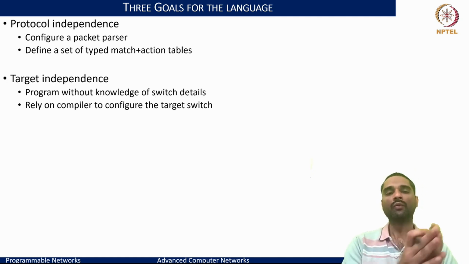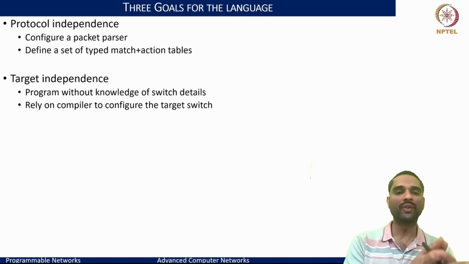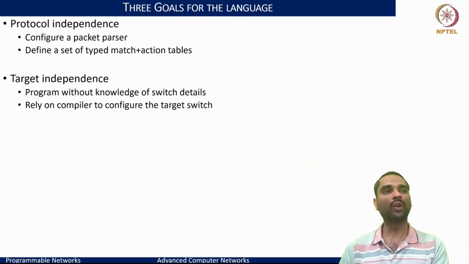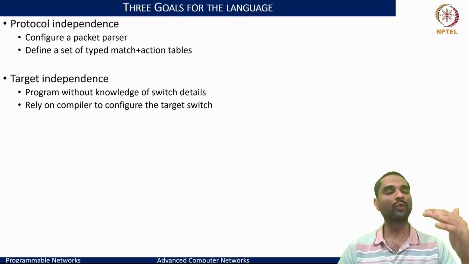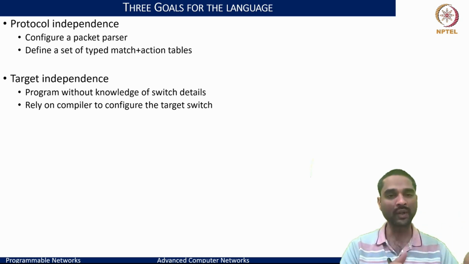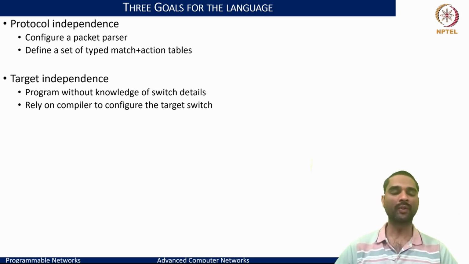Second, we want target independence, wherein it doesn't matter what the actual hardware constraints or configurations are, but when we program, we want to make sure that they are expressed in a target independent fashion, just as we express in a high level language which is agnostic to the underlying hardware architecture or ISA.